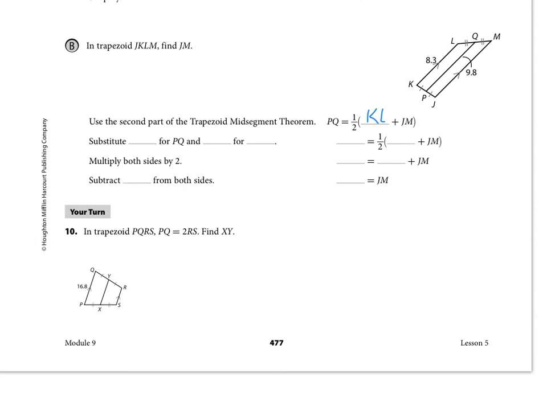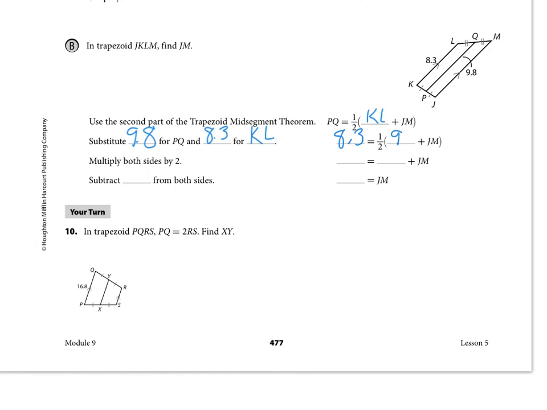So we're going to substitute in for PQ what we know. In this case, we know the mid-segment and we're missing another piece. And then 8.3 for PQ, and 9.8 for KL.